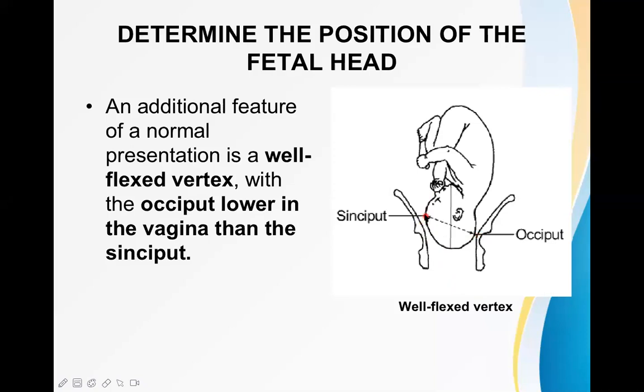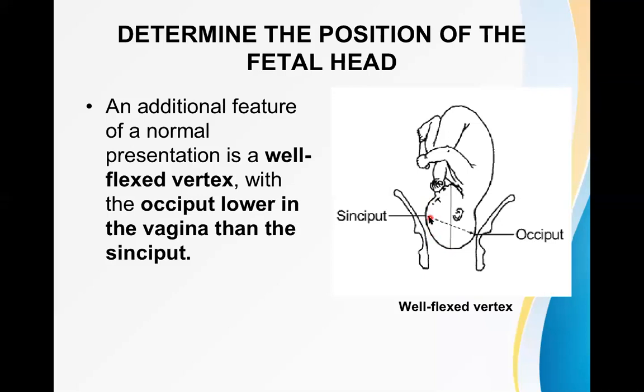Now you may be wondering what's the meaning of sinciput. Sinciput is the area present between the vertex and the forehead. See, this is called vertex, exactly the top of the skull, and the forehead is right here. So this area is called sinciput.